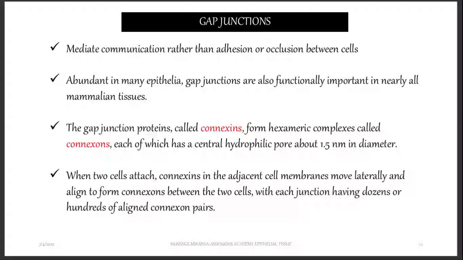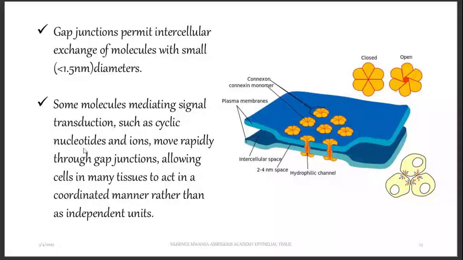Gap junctions help for communication from one epithelial cell to another, and they contain a protein called connexin. Now, connexin is arranged in hexameric complexes, an arrangement of six, not really layers, but arranged in a circular pattern, forming what we call a connexon.